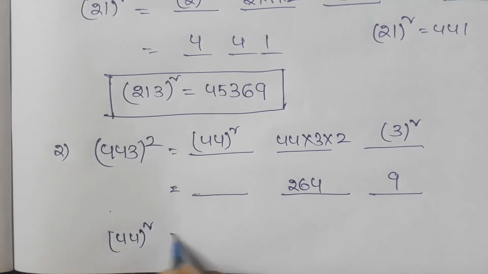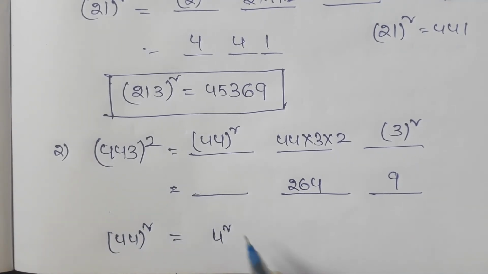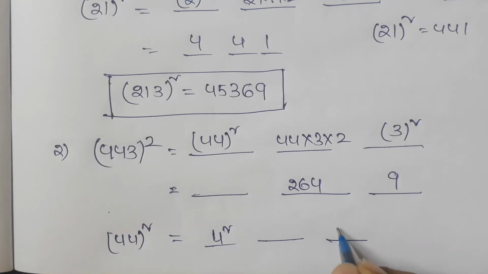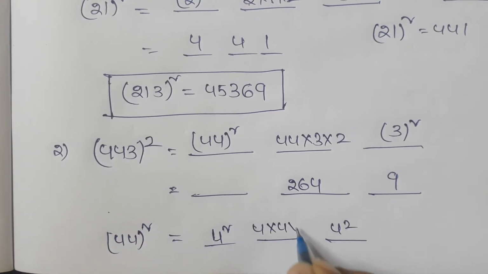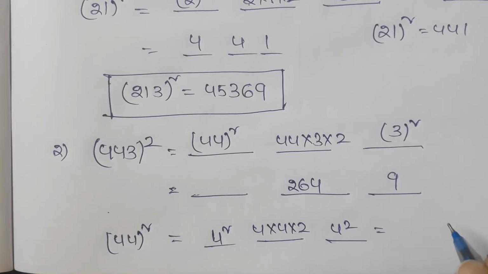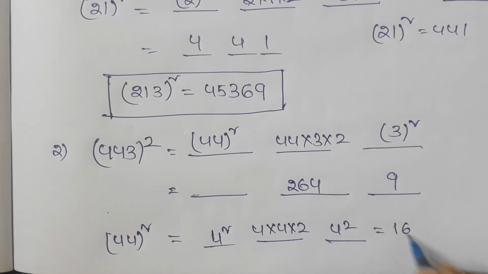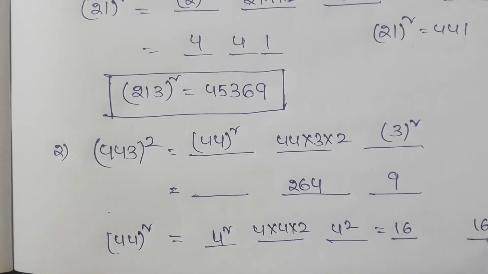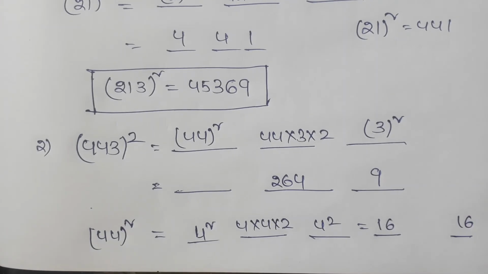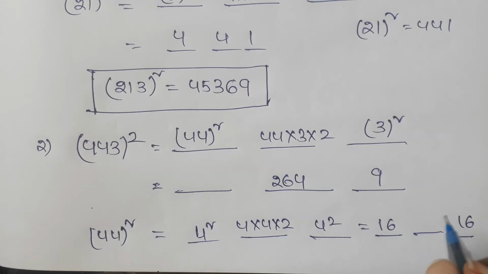44 whole square, that is 4 square and 4 square, 4 into 4 into 2, that equals 16 is here, 16 is here, and 4 4 is 16, 16 2 is 32.